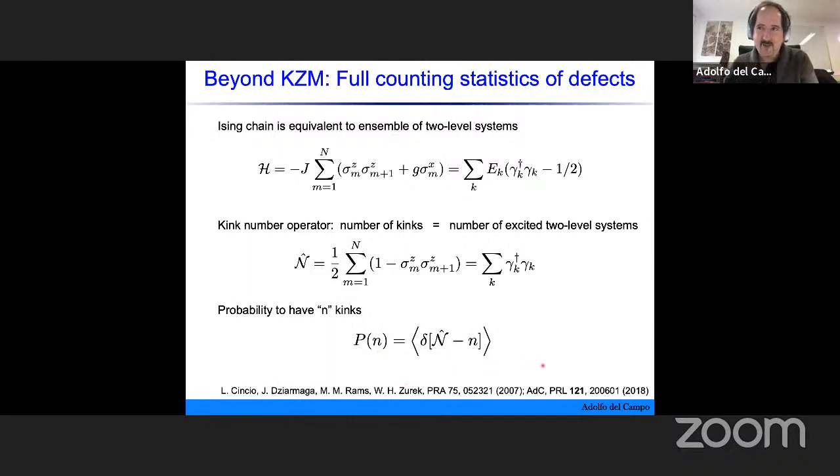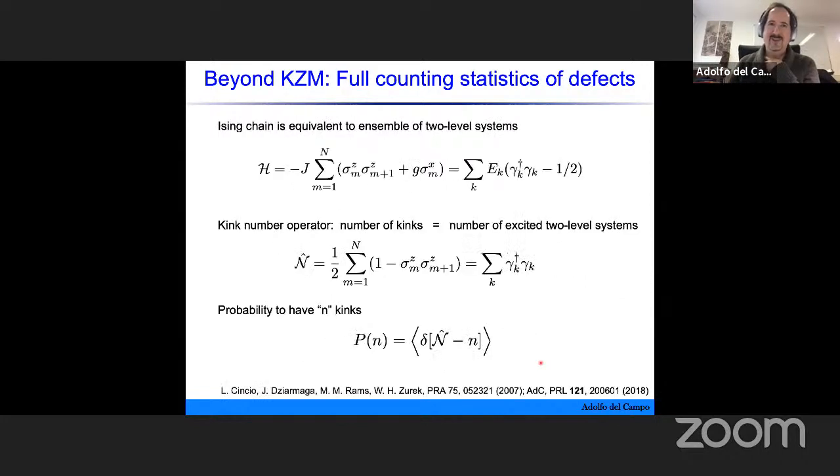And I should say, when I did this in 2018, at the time of writing, I was certainly unaware of earlier efforts from 2007, even though I know perfectly well that I had read this paper and cited it before, but somehow I did not cover it. But there was a pioneering effort by Lucas Chincho and co-workers who did this, and there I was able to provide some further results.